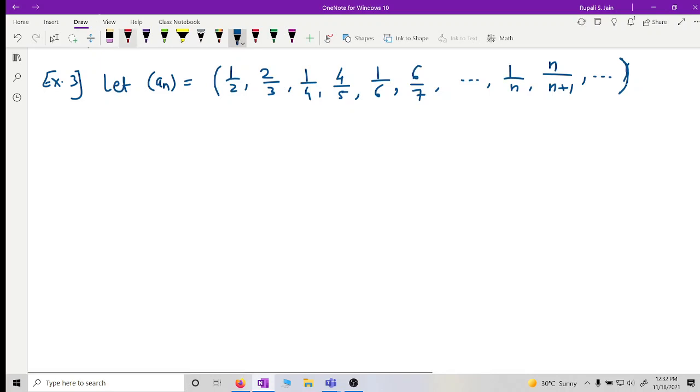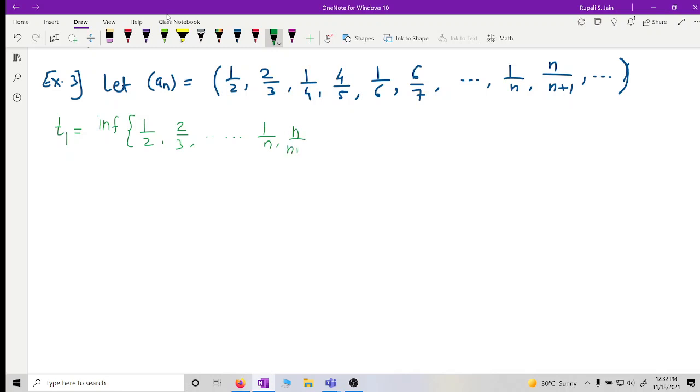So can you tell me now small t1, t2, and what is t1? Infimum of what? 1 by 2, the whole sequence, 2 by 3, and so on, 1 by n, n upon n plus 1. What is the infimum of this?